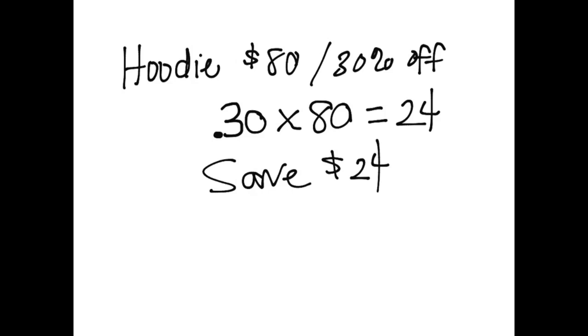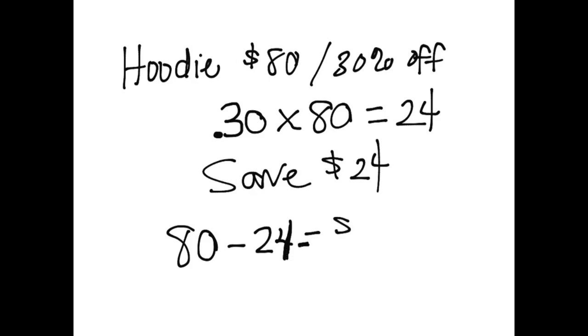Okay? Now, if you wanted to find the sale price, the only thing you would do is subtract from the original price. So your original price was $80, right? And now you're going to subtract what you saved.